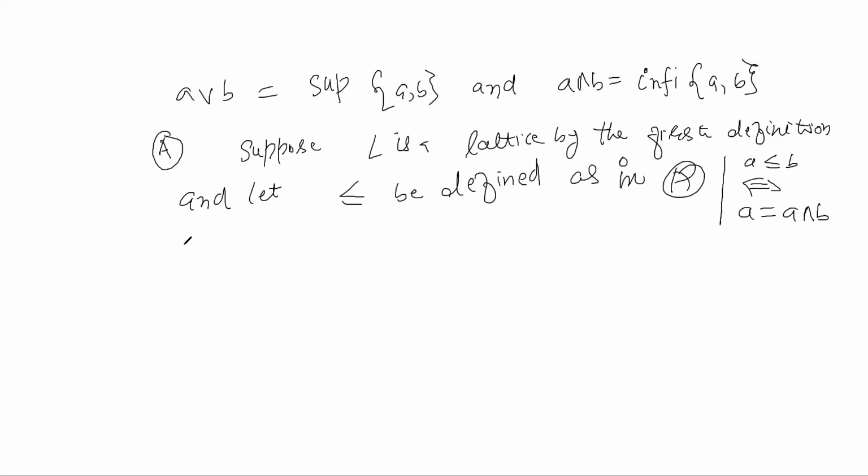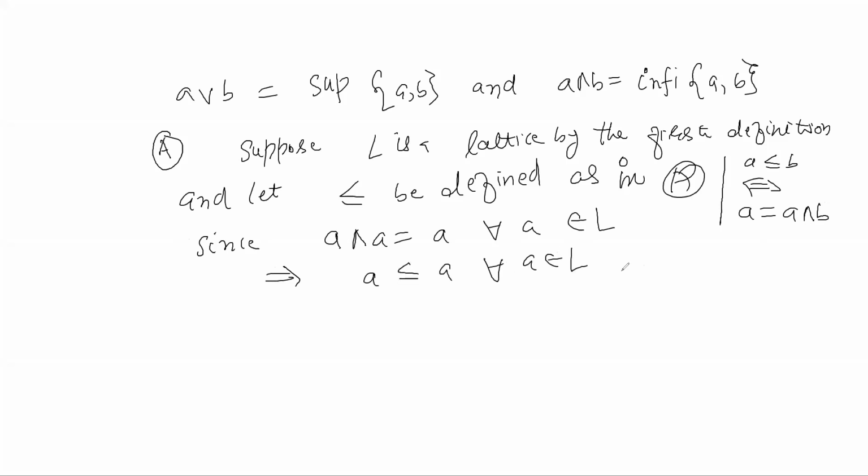Now by the L1 property, a meet a equals a for all a in L, so a is less than or equal to a for all a in L. This means the relation less than or equal to is reflexive.